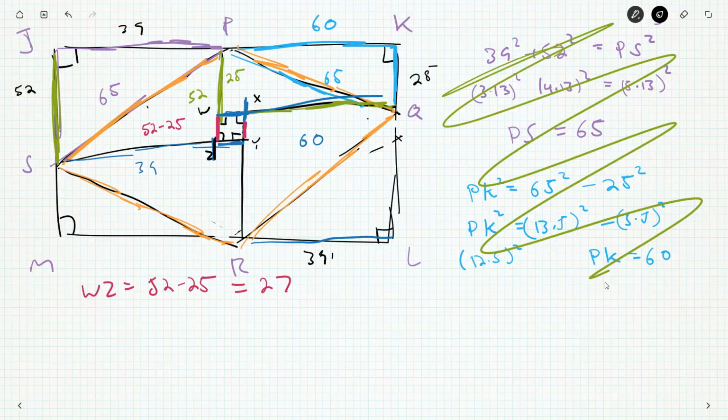So, this angle and this angle add up to 90 degrees. This angle and this angle must add up to 90 degrees. What I'd really like to do is show that this has the same angles as JPS. I can't currently conceive of a way to do that.